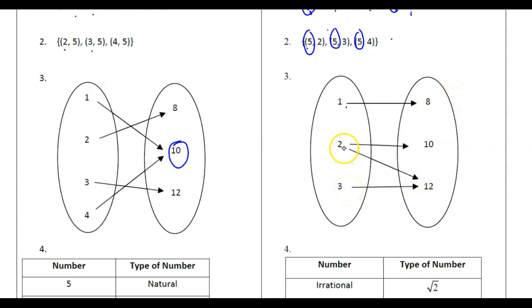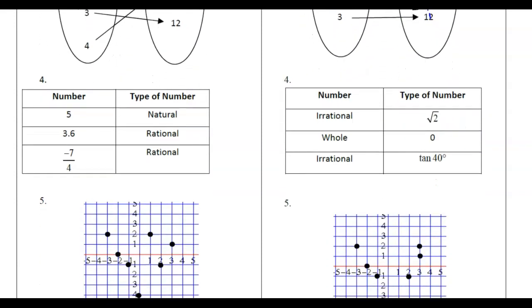But for the domain value of 2, it could have a range value of 10 or 12. So again, that same property is that for this domain value, we don't know if it's x or what the variable is because it's not labeled, but for the domain value of 2, there's 2 different range values, and that's not a function.